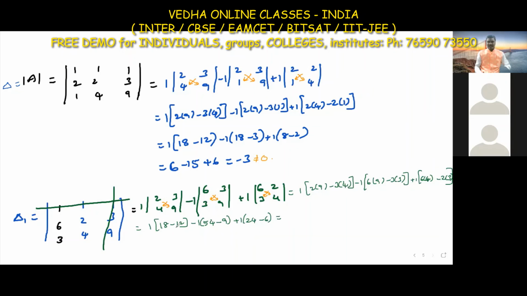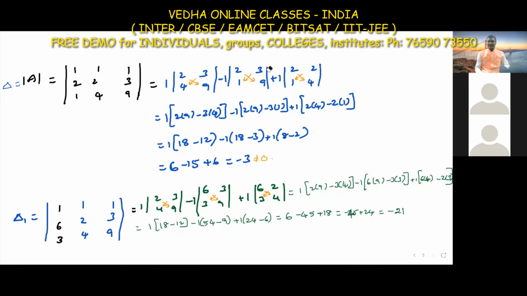This equals 18 minus 12, which is 6, minus 54 minus 9, that is 45, and we have minus outside, so minus 45, and 24 minus 6 is 18, so plus 18 plus 6 is plus 24. Minus 45 plus 24, how much do we get? Minus 21. This is the delta 1 value.